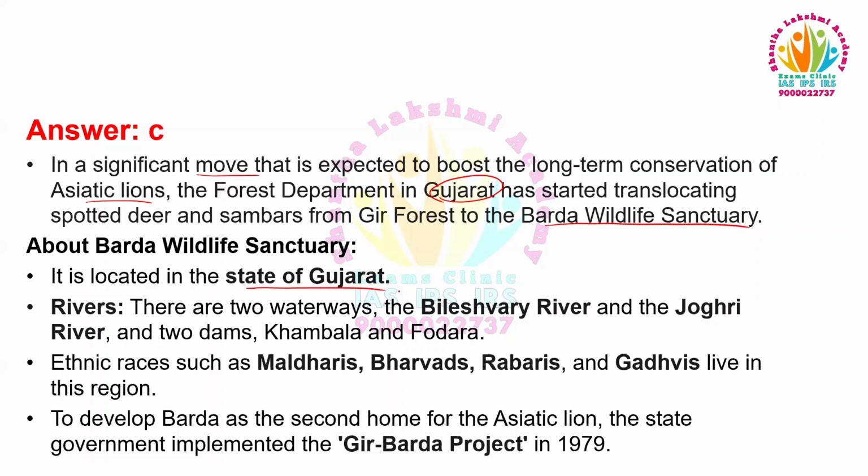Rivers: there are two waterways, the Baileshwari River and the Jogri River, and two dams, Kambala and Fadora. Ethnic races such as Maldaris, Barwads, Rabaris and Gadwis live in this region. To develop Barda as the second home for the Asiatic lions, the state government implemented the Gir Barda project in 1979.